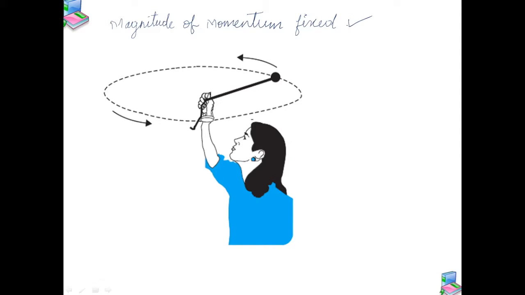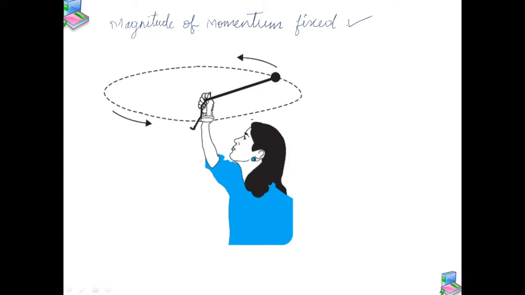A force is needed to cause this change in the momentum vector, and this force is provided by the hand through the string. Experience suggests that a hand needs to exert a greater force if the stone is rotated at greater speed or in a circle of smaller radius, or both.